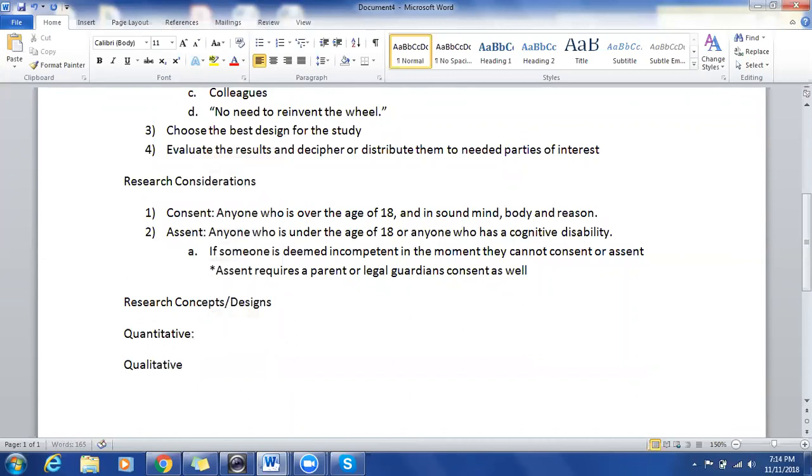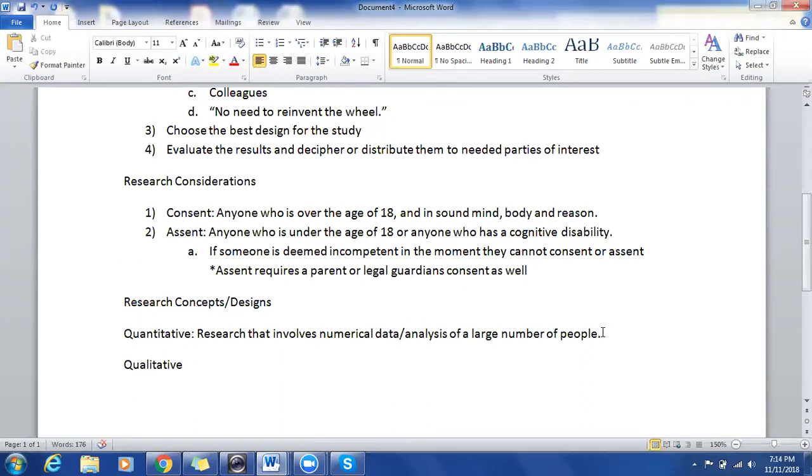So quantitative is research that involves numerical data/analysis of a large number of people.